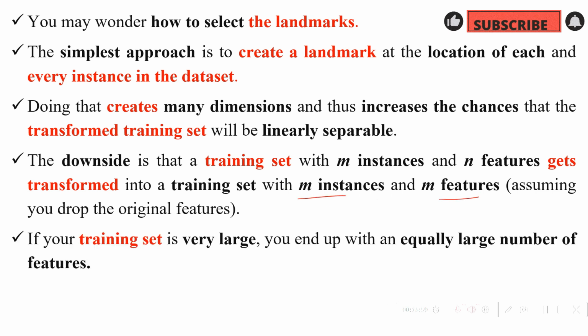Now, if your training set is very large, then you end up with an equally large number of features. Like that, we convert the non-linear features into linear features. Then we can separate them with a linear equation. Simply, this is called adding similarity features with the help of the Gaussian radial basis function.